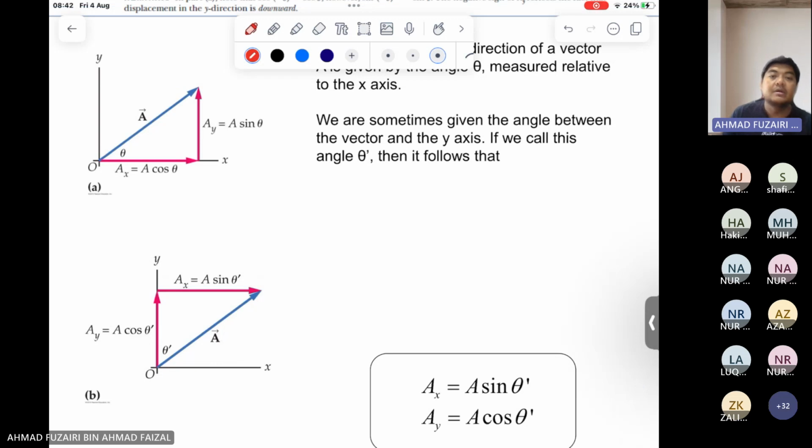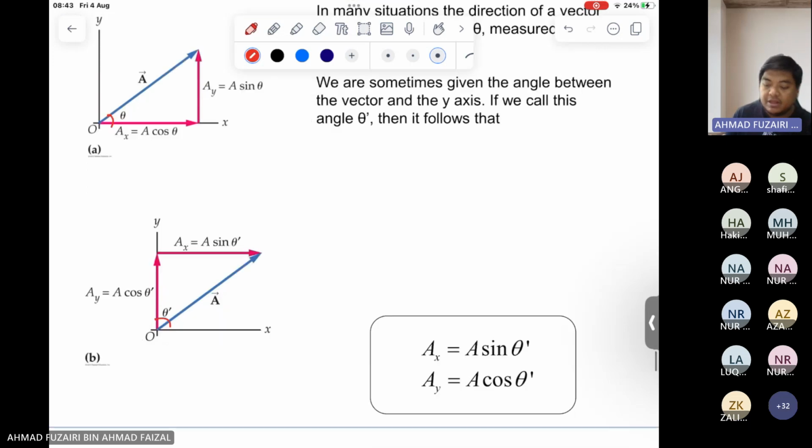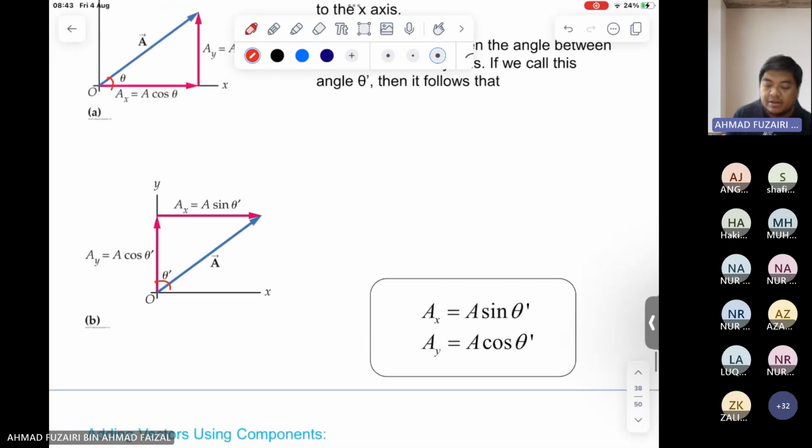Tengok perbezaan dua situasi ni. Where this is where the angle theta is in between vector and x-axis, and this one theta is in between vector, yang warna biru tu vector, and y-axis. Two different things. Okay, dua benda yang berbeza.